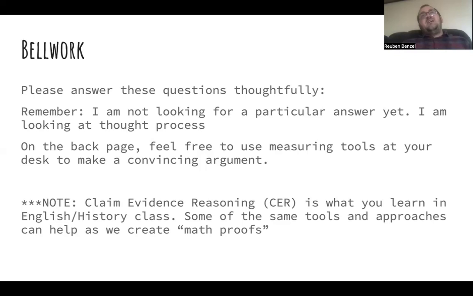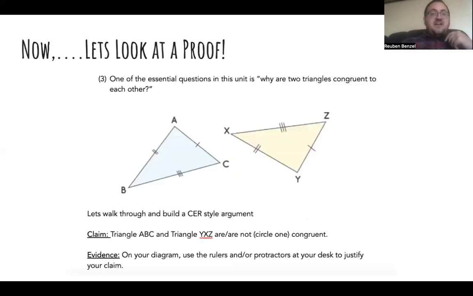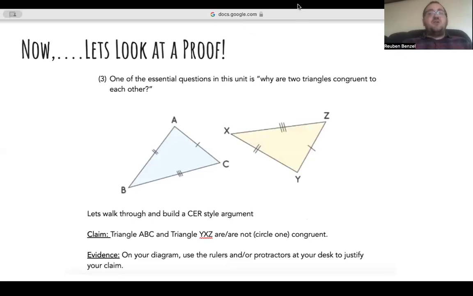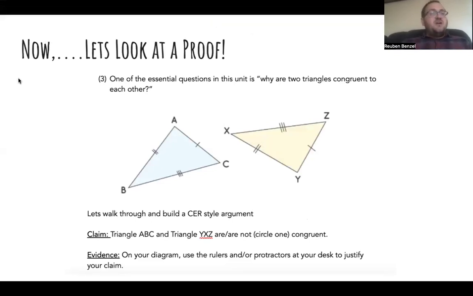And then on the back page, there'll be a sample triangle proof type of situation, a basic one, but we're just going to be teaching you here how to read the diagrams, and I'll even have some rulers at your desk where you could actually look at things like the two tick mark sides.